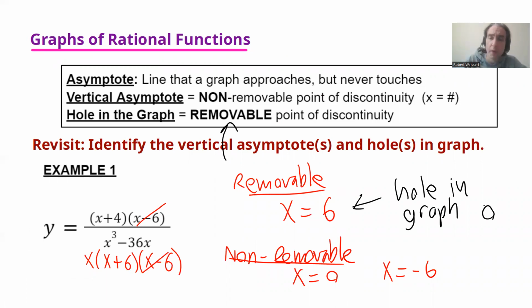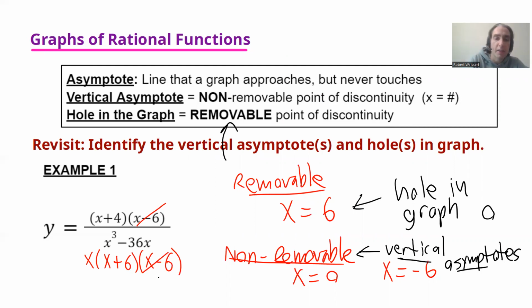The non-removable points are called vertical asymptotes. Funny name, but that's what they're called. And they're always going to be the ones that do not cancel out. So 6 was a hole in the graph, and 0 and -6 are vertical asymptotes.